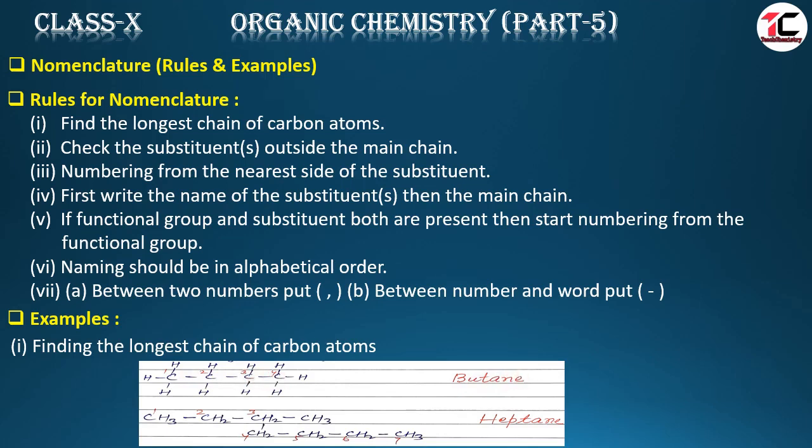Now it becomes butane. Seeing the second one, here is a chain of 1, 2, 3, 4, 5, 6, 7 carbon atoms. So the longest chain is of 7 carbon atoms. For 7 we will use the word hept, and as there is a single bond between carbon atoms, we will use ane. Now it becomes heptane. So the name of this chain is heptane.